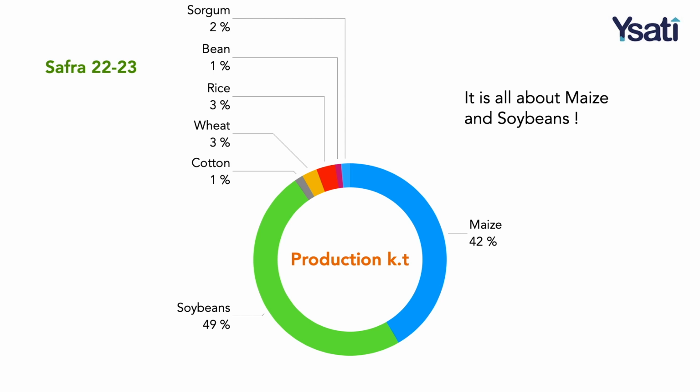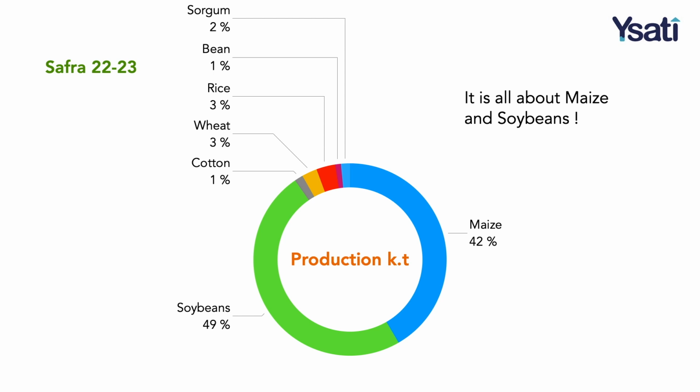So we are talking about the harvest 22-23. If you understood the database, I don't need to really come back here. But what we have here in terms of production, in 1,000 tons, is actually the proportion in terms of output.